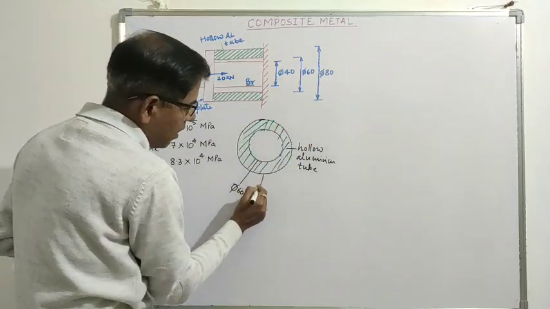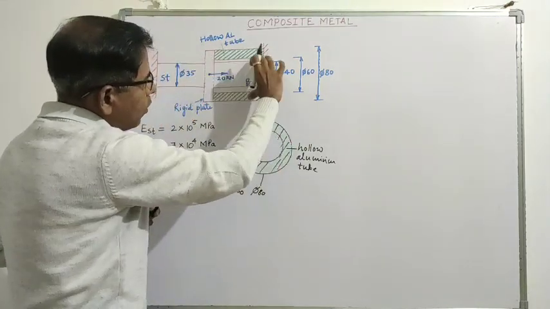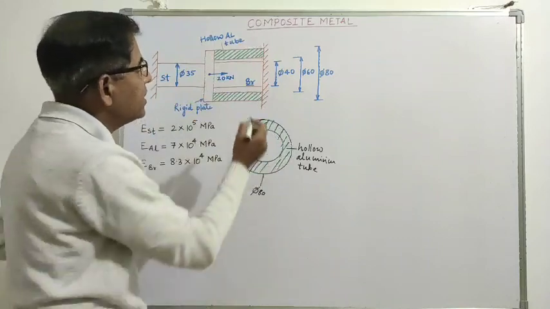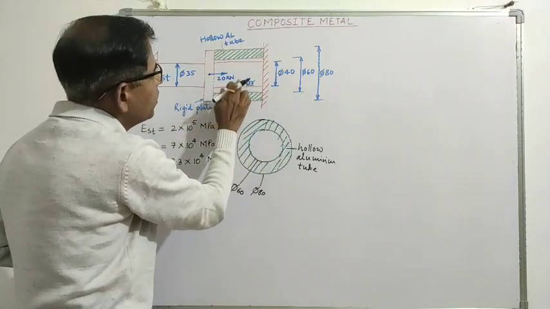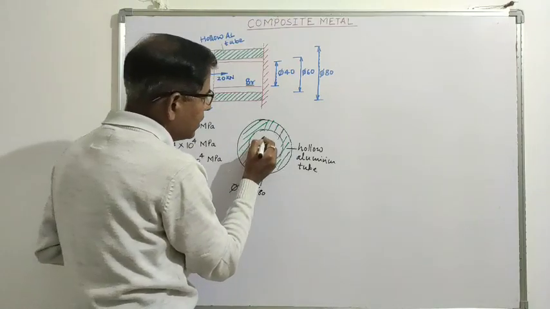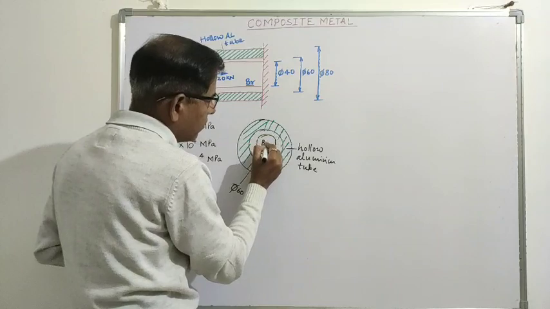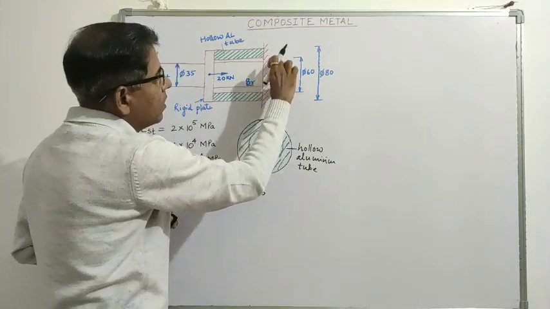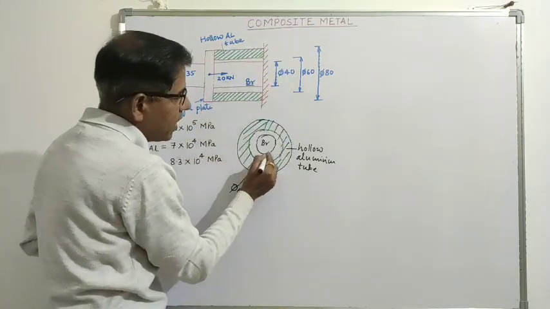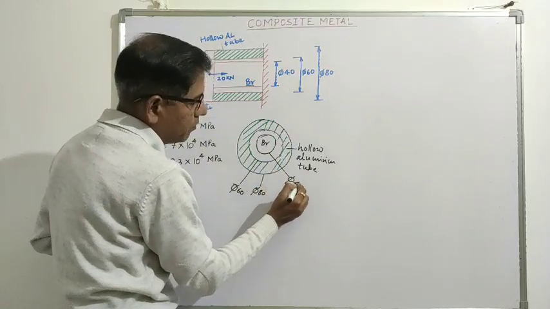Inside that hollow aluminium tube, this is a brass bar. The diameter of this brass bar is 40 mm.